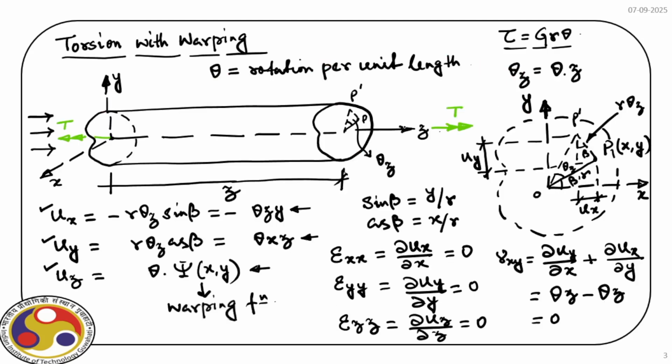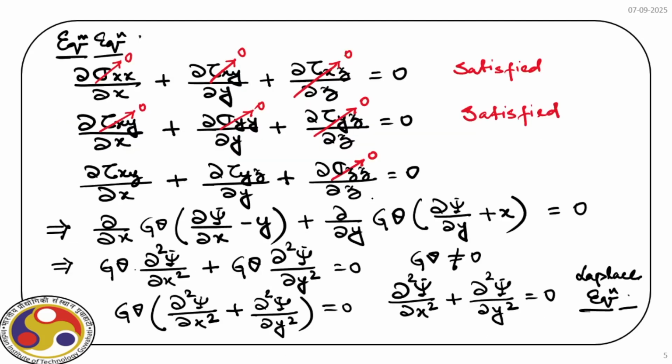Here you can see the domain is defined by this coordinate system. Within this domain, it must satisfy this important criterion. So we get the first important equation for the warping of an arbitrary section. This is the most important relation.